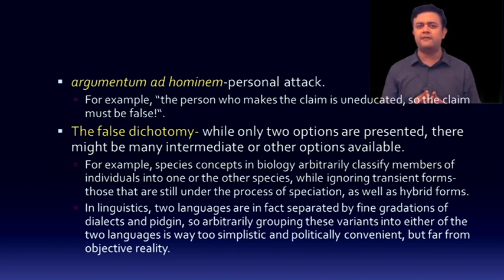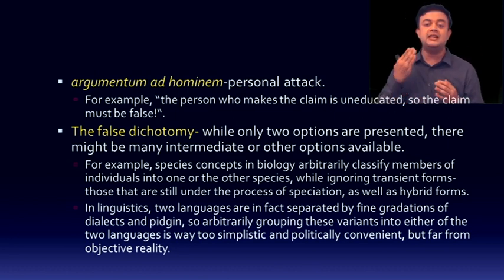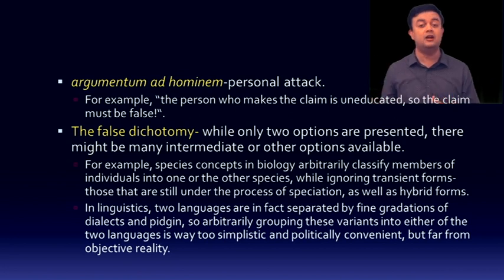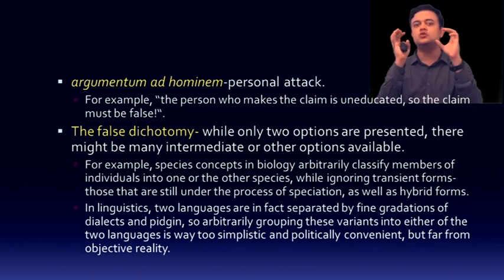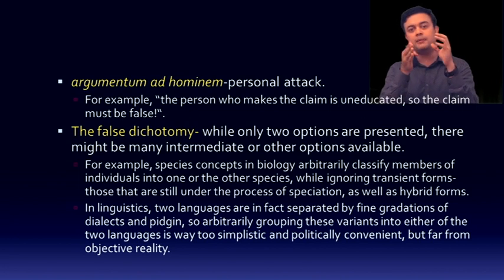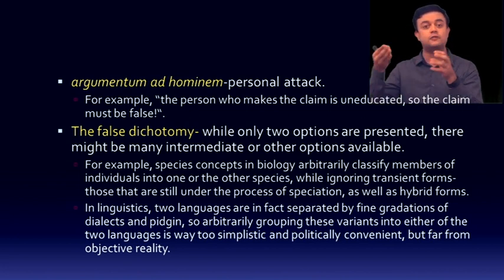Yet another logical fallacy is called the false dichotomy. Here, while only two options are presented, there might be many intermediate options available. One simple example will be the species concept. Species A, species B. Doesn't mean that these two are non-contiguous, right? There might be an infinite number of subspecies inside each of these species.